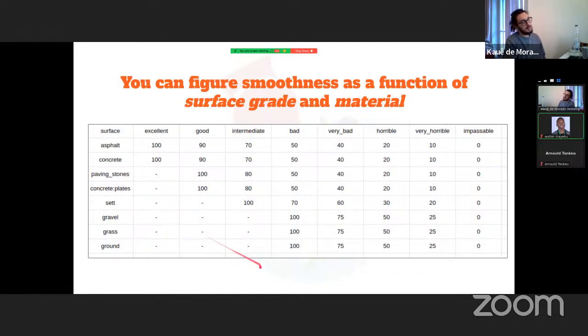Unluckily, there's no way of constraining this on OpenStreetMap. You can say, for example, ground has excellent smoothness, that couldn't be, okay?